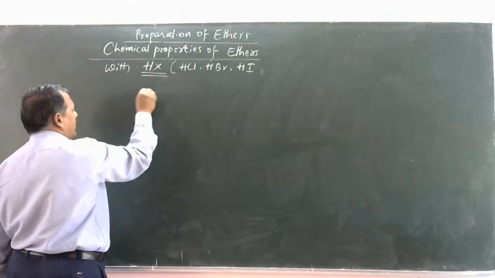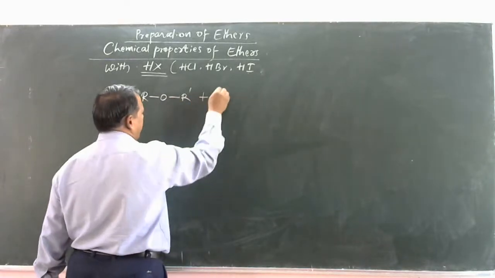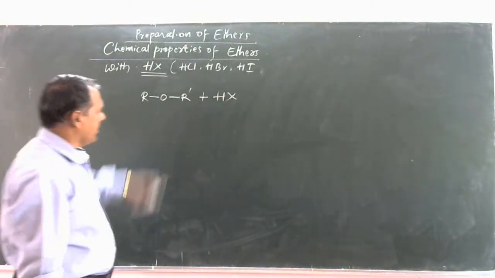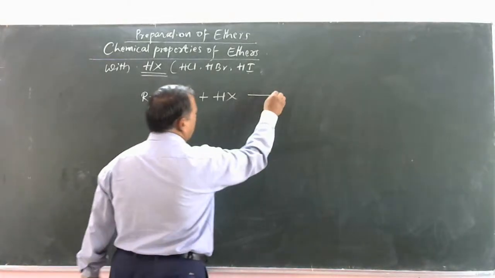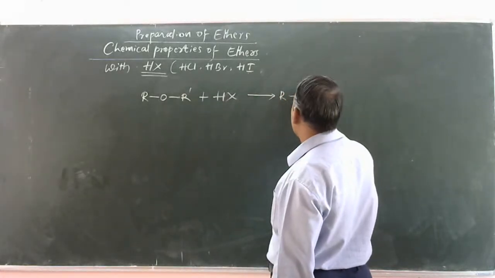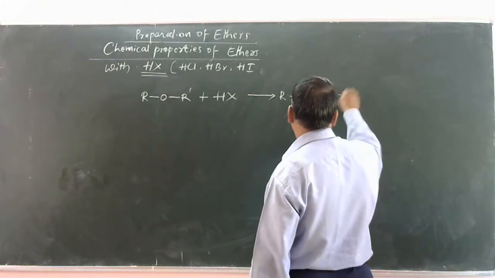See, generally ether R-O-R', when it reacts with a hydrohalic acid, we will get ROH and R'X, an alkyl halide.